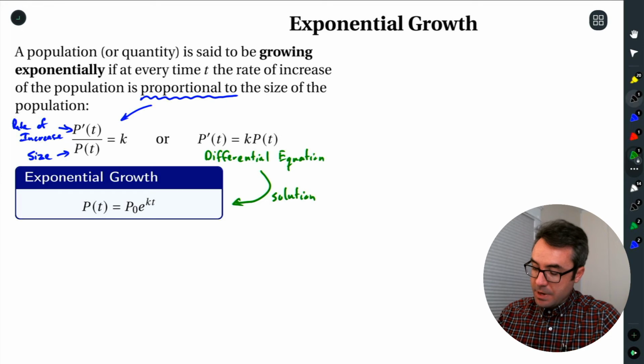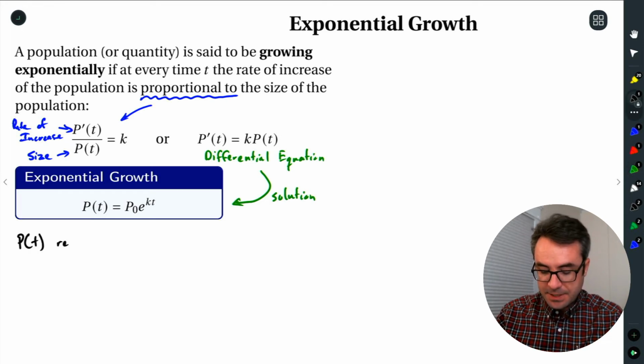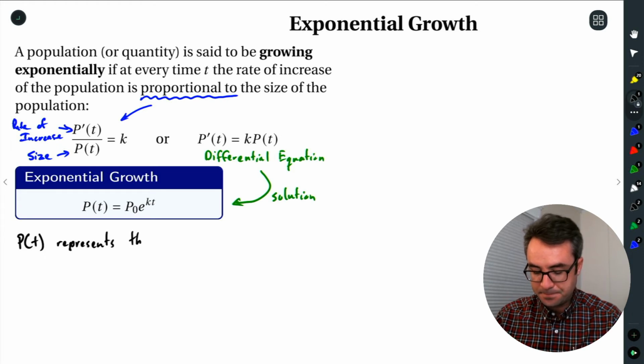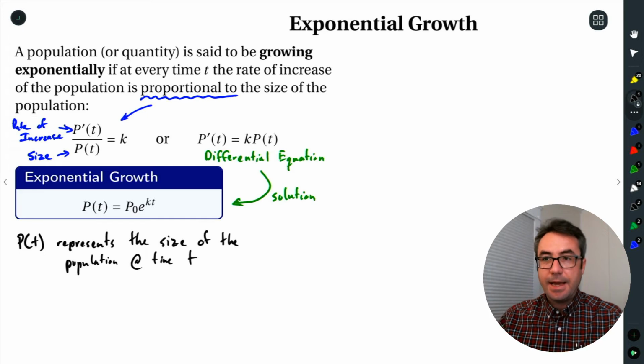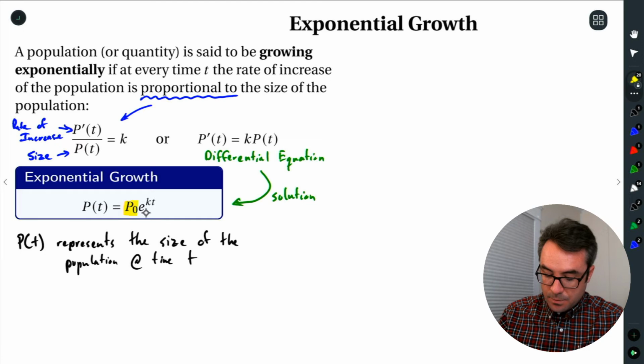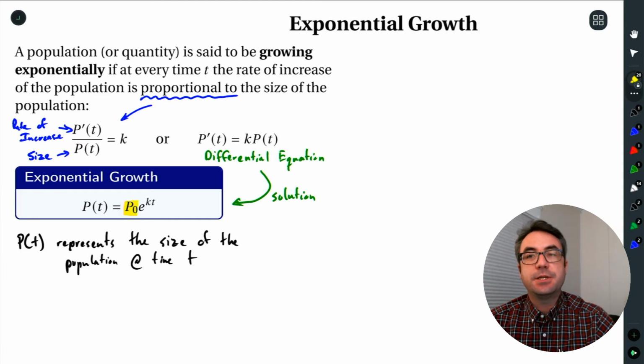All right, so in this function, P of t represents the population, the size of the population at time t. And in order to really fully know what this function is, we need to know two things.